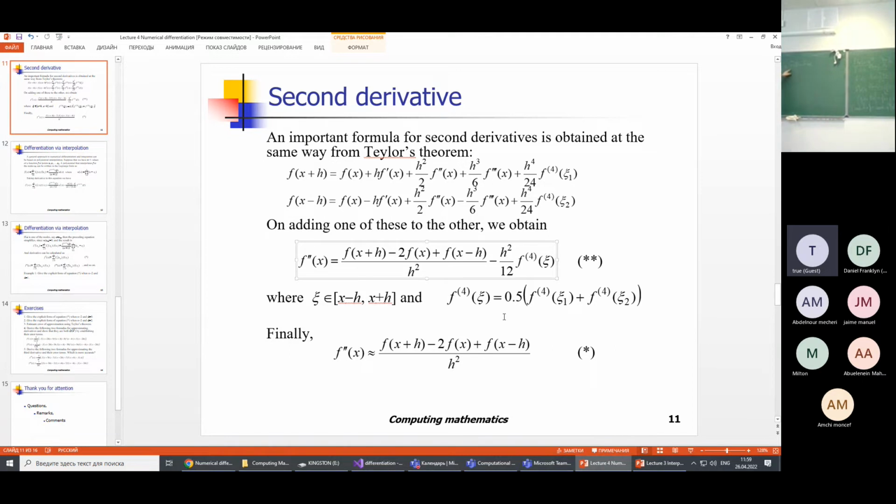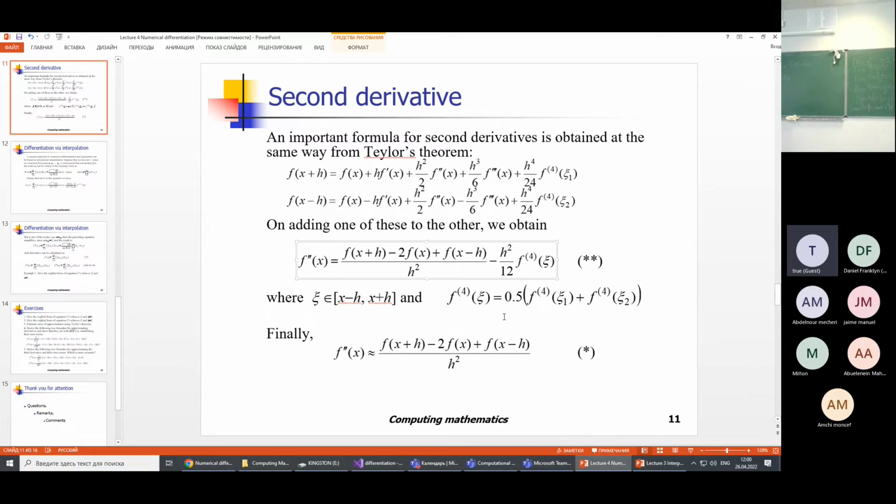What is capital F? It is the antiderivative. F of x prime equals f of x. So to apply this formula, you should know the antiderivative, so-called anti-differentiation.